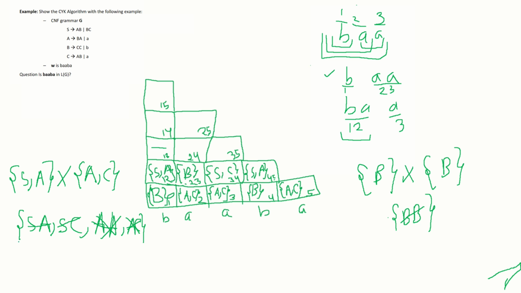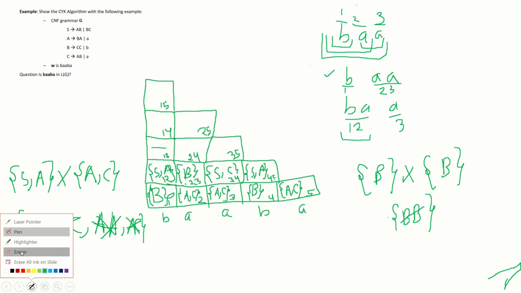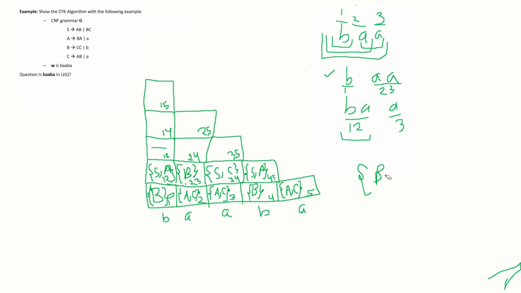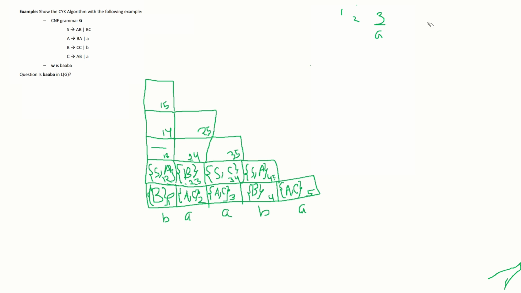Now check the substring from position 2 to position 4. So from position 2 to position 4 we have A, B. So this is 2, 3, 4.